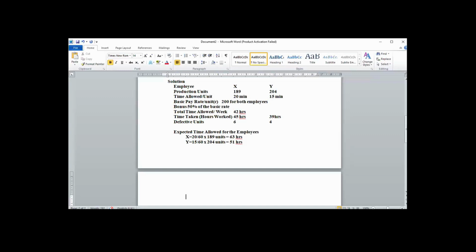Now, for every organization that's a manufacturing company, there is a particular time that they normally set aside per unit. They will also give you the number of hours you can work in a week that they will pay you for. If you work beyond that time, that is overtime.